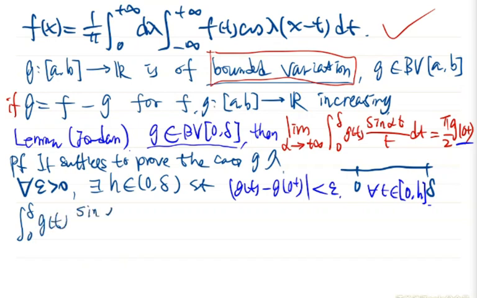of g(t) sine(alpha t) divided by t dt can be written as the sum of three terms.